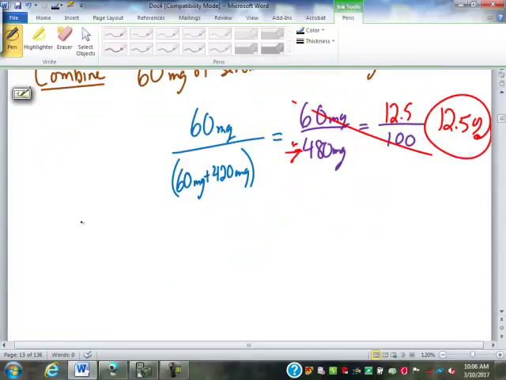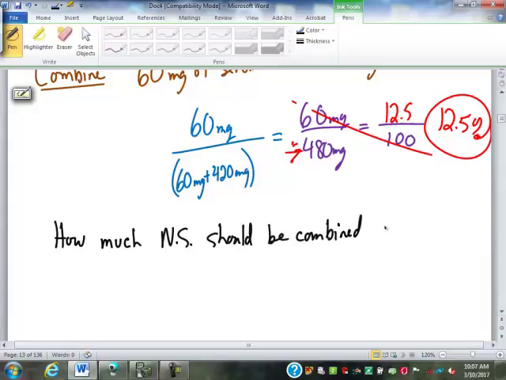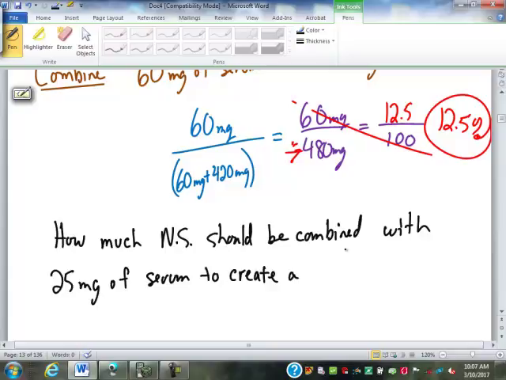So with a weight and weight solution like this, we can ask how much NS should be combined with 25 milligrams of serum to create a 5% solution.